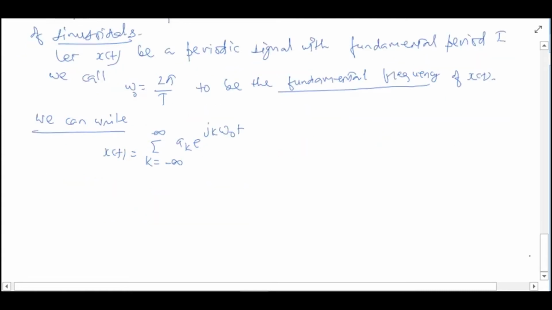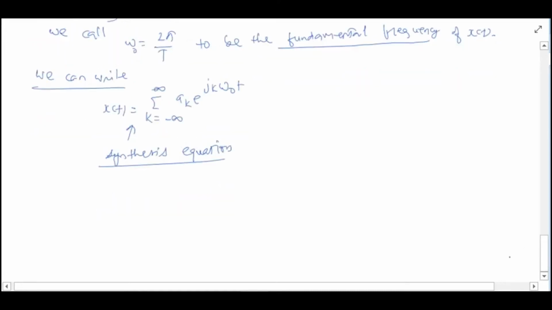This series on the right is called Fourier series. This equation itself is called synthesis equation, because it synthesizes a periodic signal from sinusoidal components.